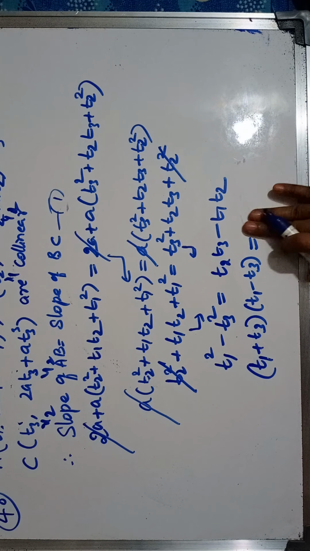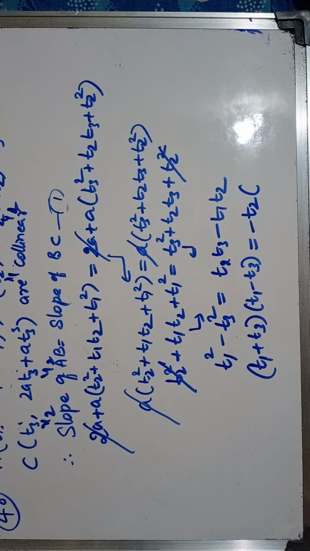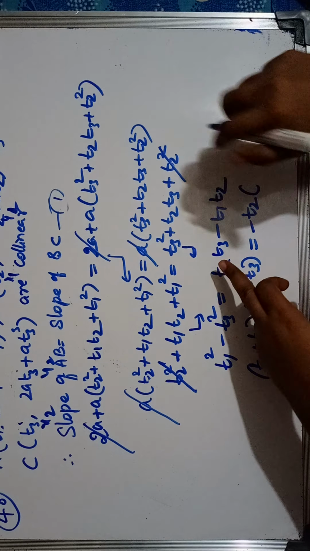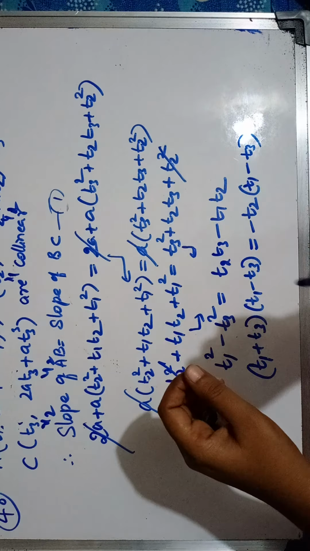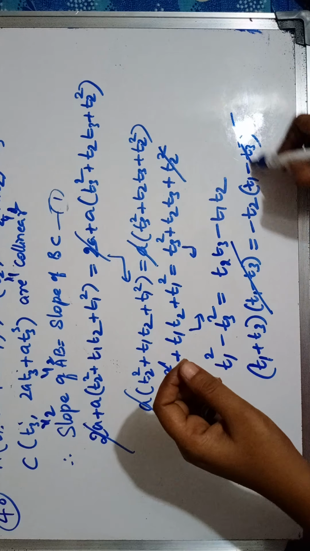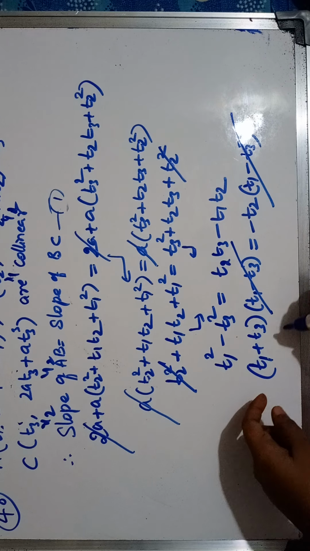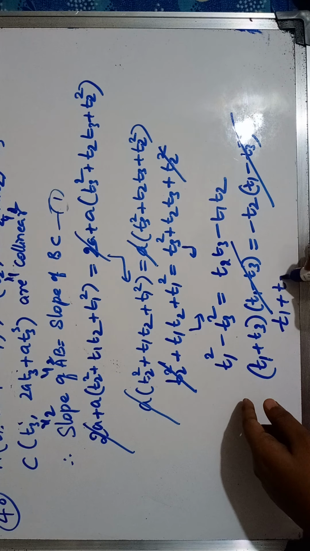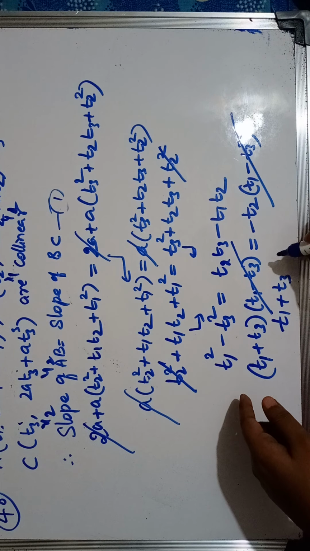So let me consider minus t2 common. If I take minus t2 common, the positive term becomes negative and the negative term becomes positive. So this term will become positive, t1, and this term will become negative. So if you observe, t1 minus t3 gets cancelled on both sides. Therefore what we are left with is t1 plus t3 equals minus t2. If you take this to the LHS, that becomes plus t2, which is equal to 0.